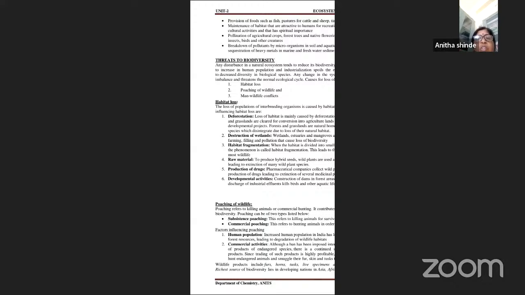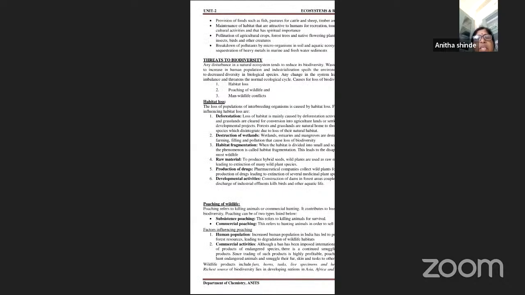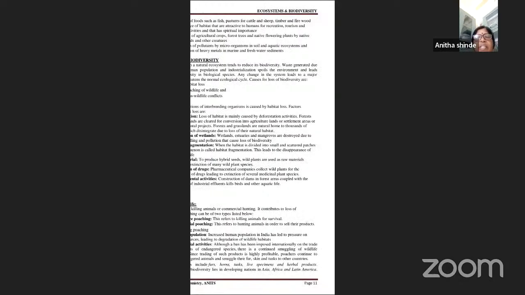Next is poaching of wildlife. That means killing animals for commercial purposes and going for hunting for our own benefit. So even the poaching of wildlife has to be cut down. Next, the factors influencing human population: the increased human population has led to pressure on the forest reserves, leading to degradation of the wildlife.